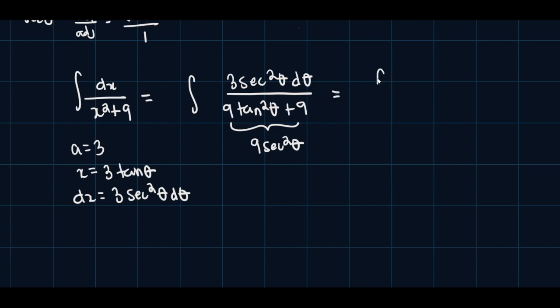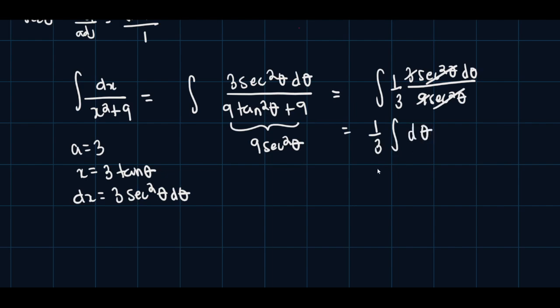So with this, we have 3 secant squared theta d theta all over 9 secant squared theta. So secant squared will cancel out, and then 3 and 9 will just give us 1/3. So we have 1/3 integral of d theta, or 1/3 theta plus c.